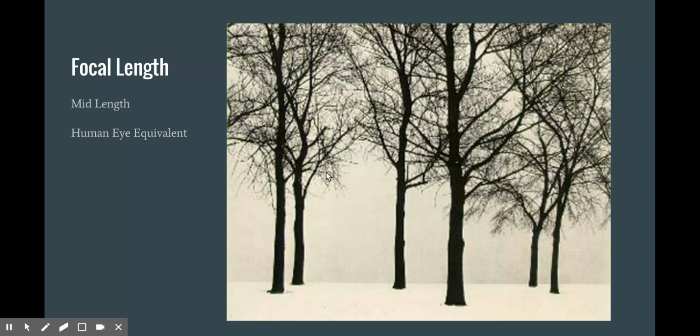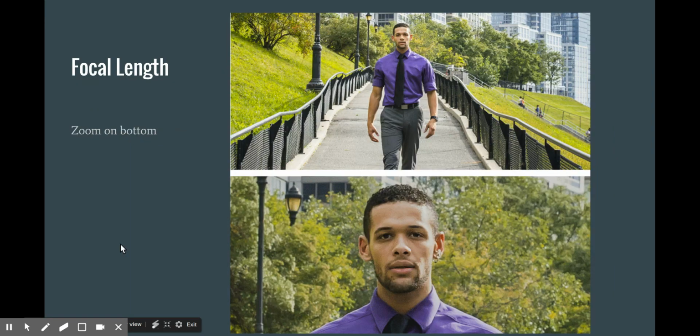So that zone where you can see clearly in front of the eye is that kind of mid-length. The zoom is that higher number where you're zooming in. So if this was kind of at a mid and I zoomed in, this is what it would look like.